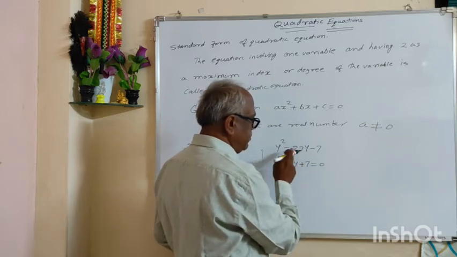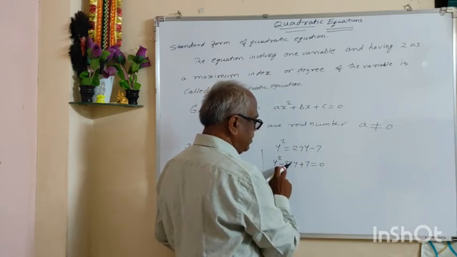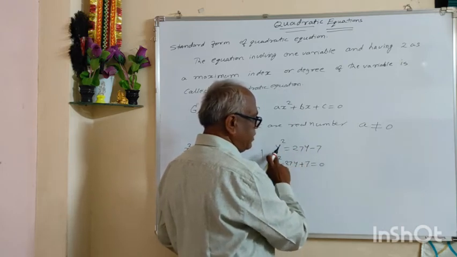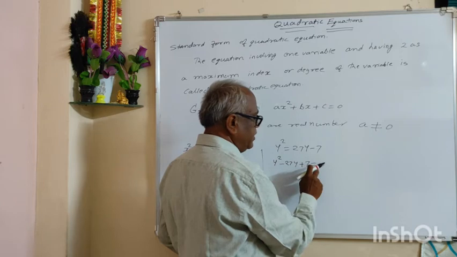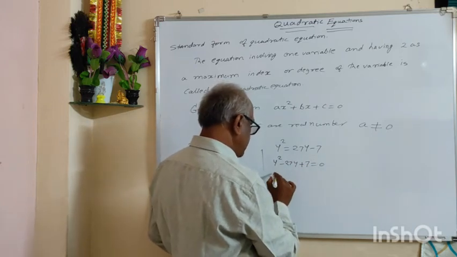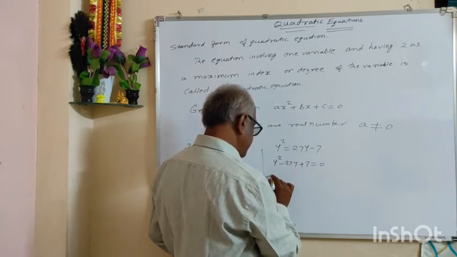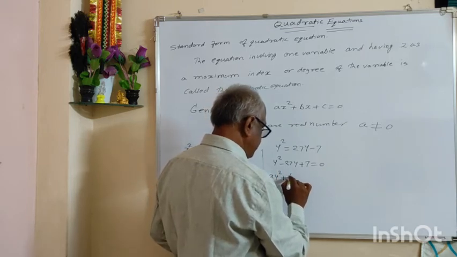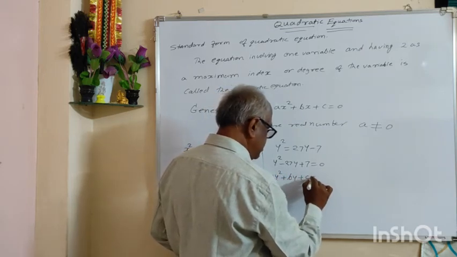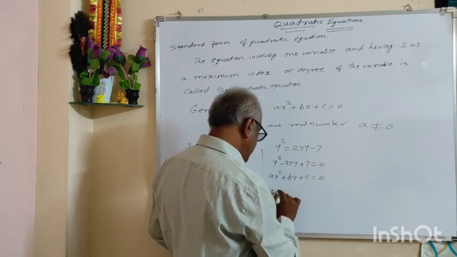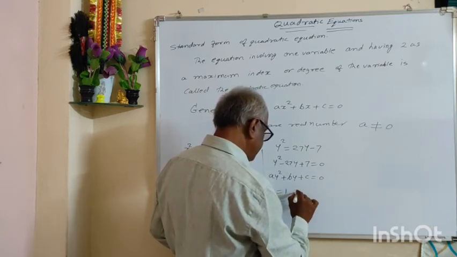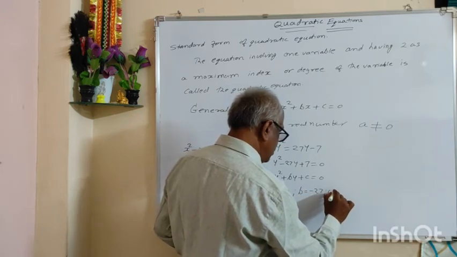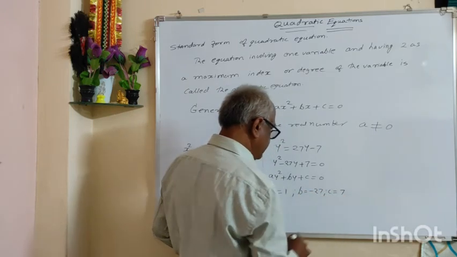This plus 27 shifted to the other side of the equal to sign becomes minus 27, and minus 7 shifted to the other side becomes plus 7, is equal to 0. Now by comparing with ay square plus by plus c is equal to 0, here a is equal to 1, b is equal to minus 27 and c is equal to 7.